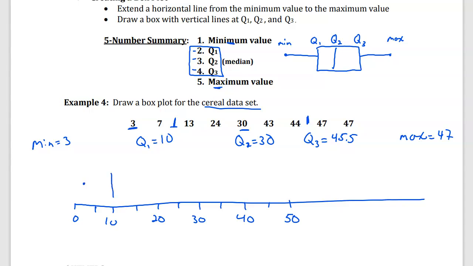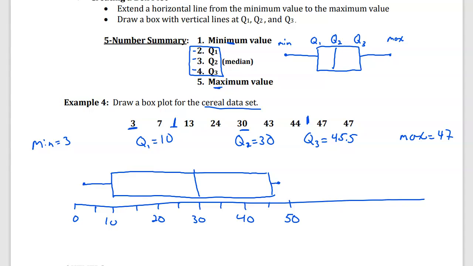I'll draw a vertical line at 10, my Q1. A vertical line at Q2. A vertical line at Q3. I'll create a box with those 3 numbers. And then I will draw a dot at where about 47 would be my maximum. And I would connect those.